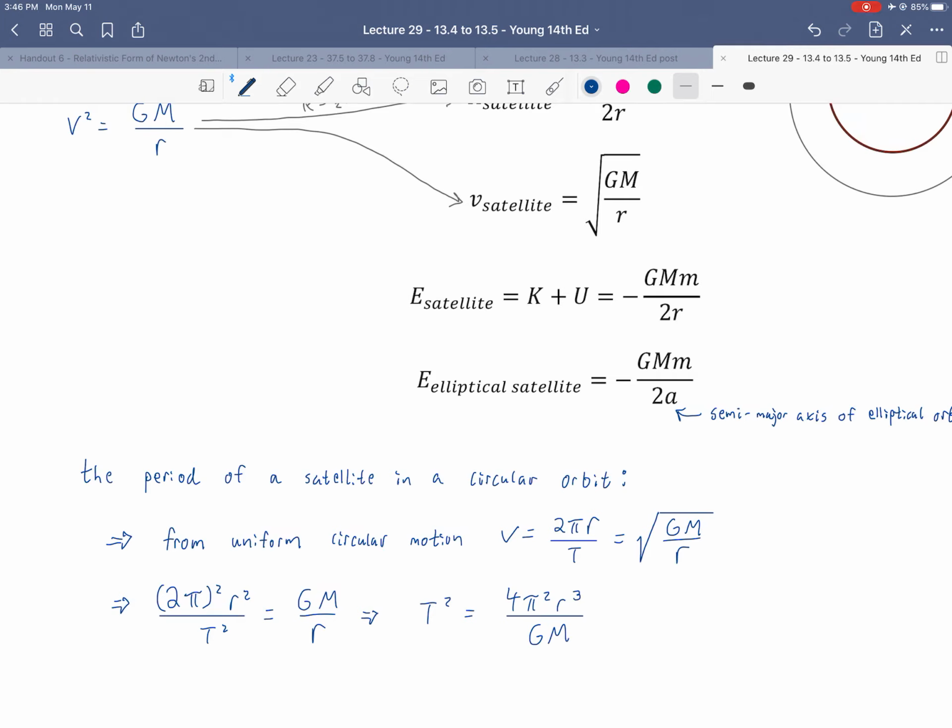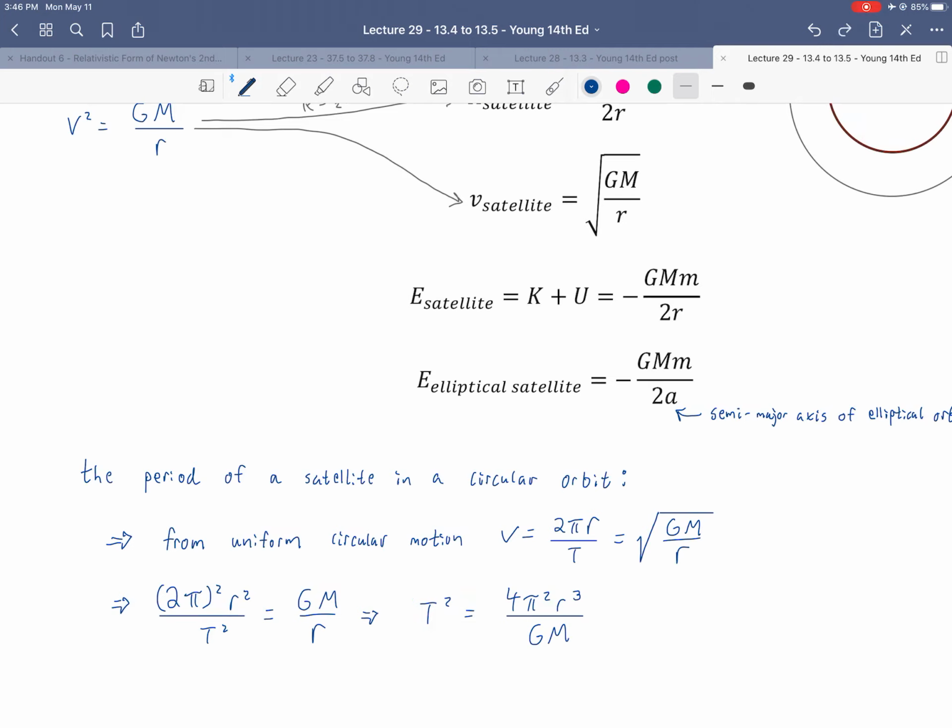Now, right away, if we look here, we can see we have this nice relationship. We have that T squared is proportional to the radius of the circular orbit cubed. And you'll see in the next video that that's basically what Kepler's third law tells us, that there's a proportionality between the square of the period and the radius cubed.